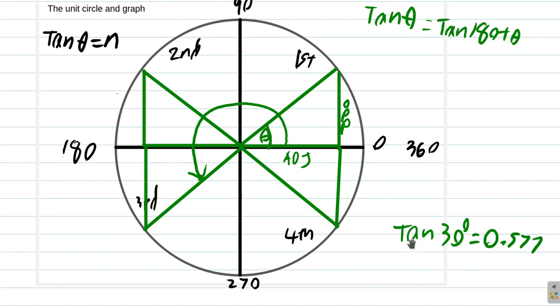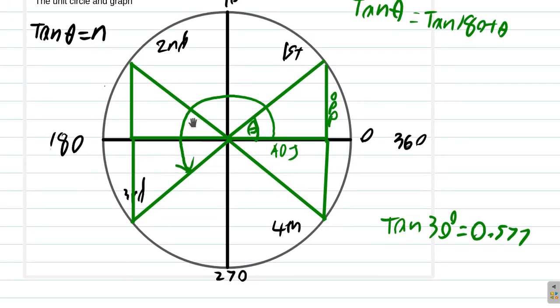Now, suppose we find the tangent of 180 minus 30. I can be confident that it will be the same 0.577, but it will be negative. The reason it will be the same is because this triangle is similar to this triangle. Same sides, same angle, right here.